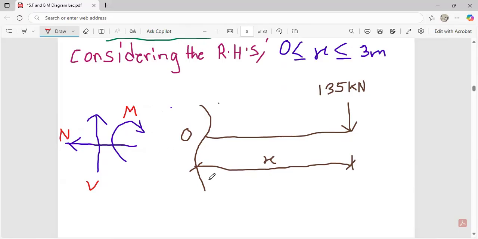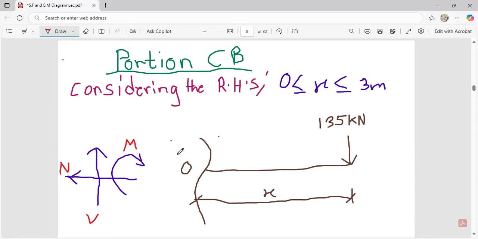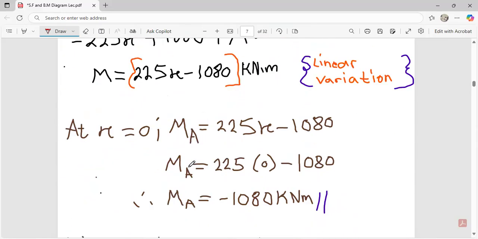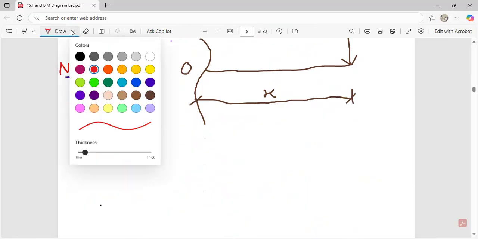We are going to be standing at this part, the O. That becomes our origin, because that is where we are going to be standing to take our moments.